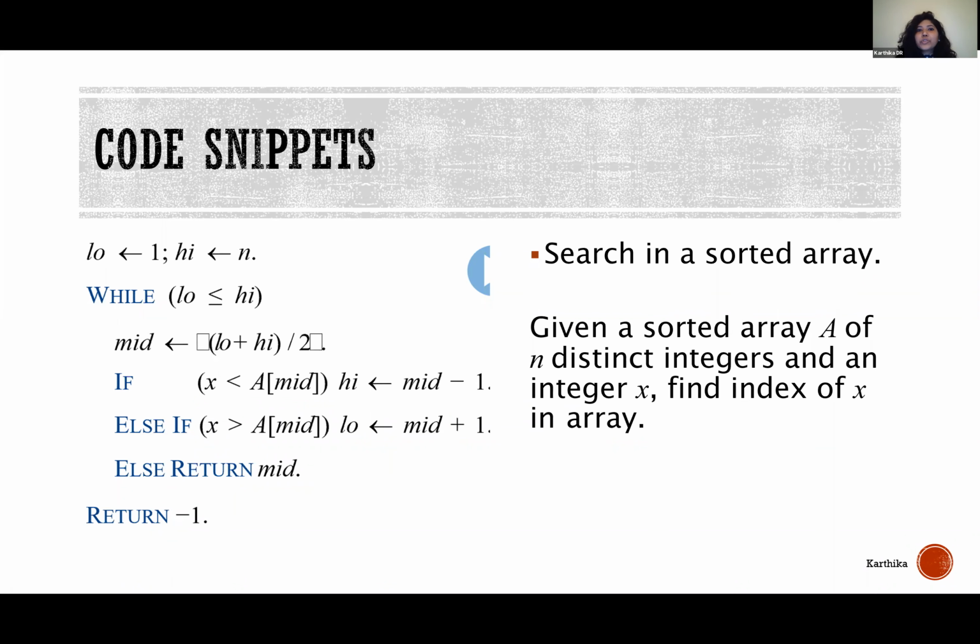The brute force of this approach will be O of n, but the efficient approach will be O of log n. During a coding interview, they will expect us to do the efficient one rather than the brute force. We can explain the brute force, but we will have to code only the efficient algorithm.